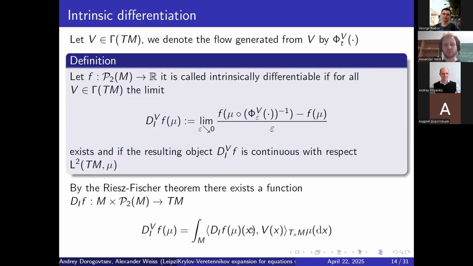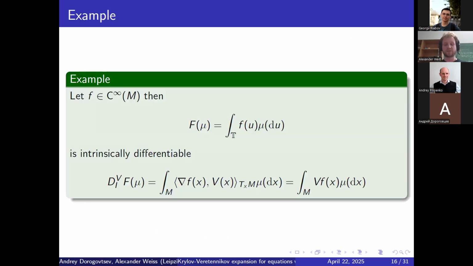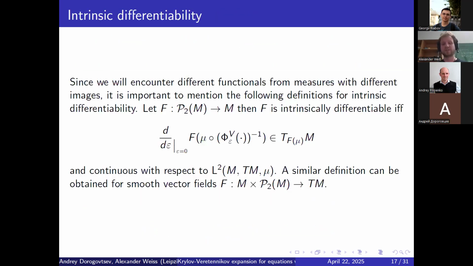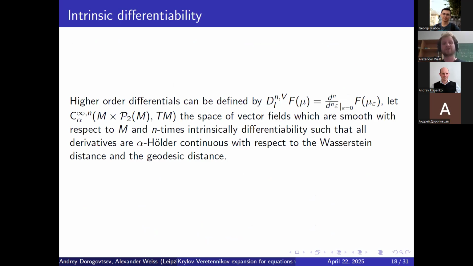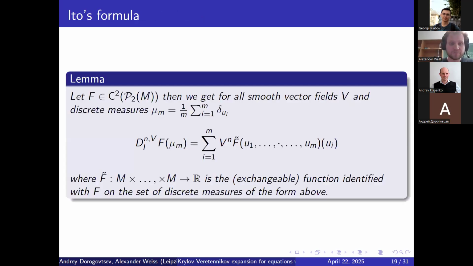So this should also be smooth with respect to the spatial variable and Lipschitz with respect to the measure variable. Such functions can also be derived in the case of intrinsic differentiation for vector fields. You can just think about it like these functionals that come from R. It's not a lot more complicated, but I just don't want to write this down.